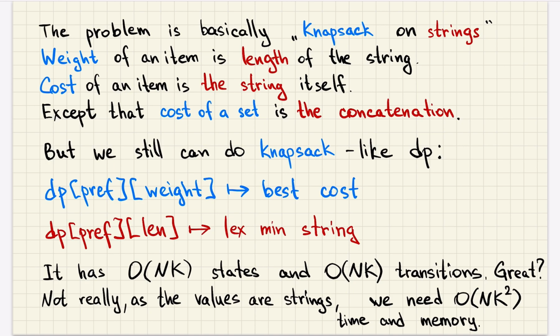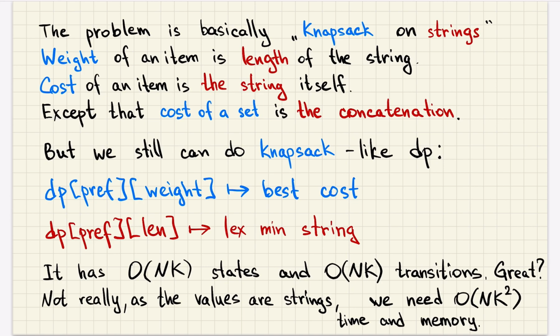The problem is that the cost of a set is not a sum of costs, but the sum for strings, so it's the concatenation. So the order matters, and it's not very clear what to do, but we still can do DP that solves knapsack, right?